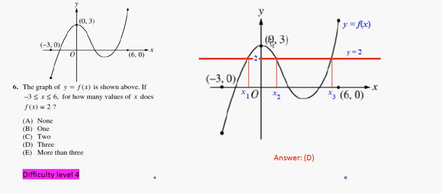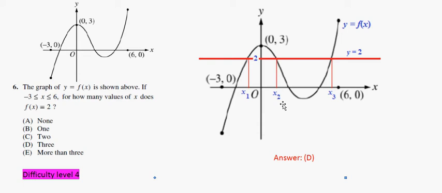Because this point has coordinates 0 and 3, 2 would be somewhere here, between the origin and this point. And then I draw this line. You can see that this line intersects the graph of the given function at 3 points. And x-coordinates of these points are between -3 and 6.